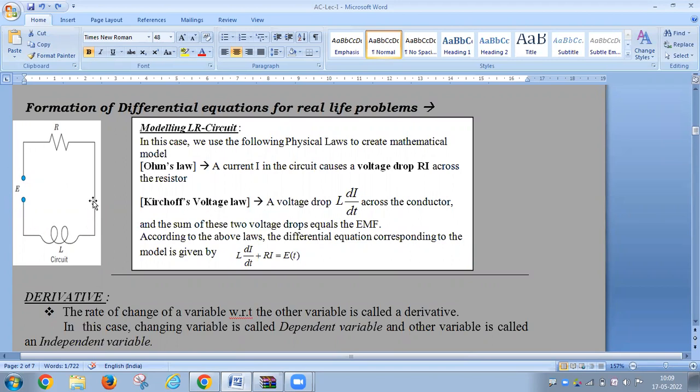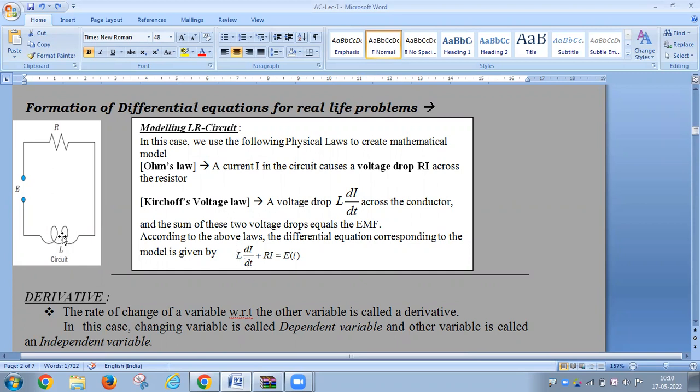For example, the problems involving these types of circuits. Okay, if you consider a problem like this, it will be converted into a differential equation like this, using the laws in electricity. So L into di by dt is the voltage drop across the conductor.